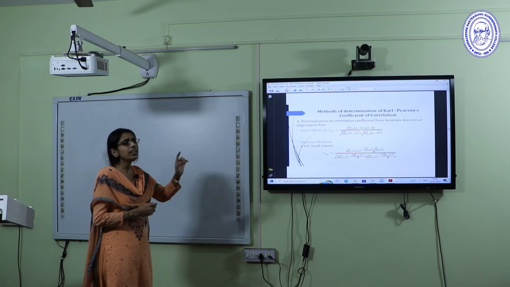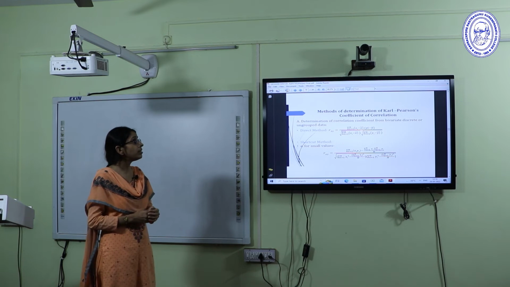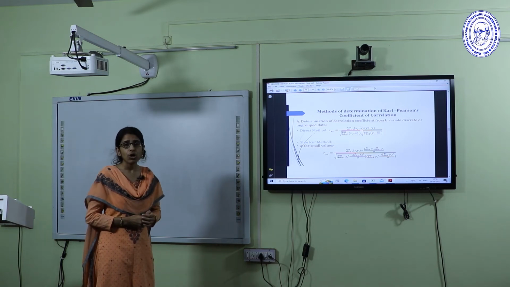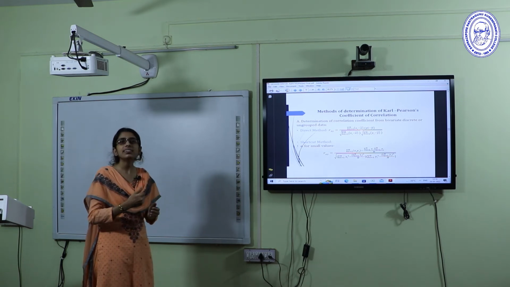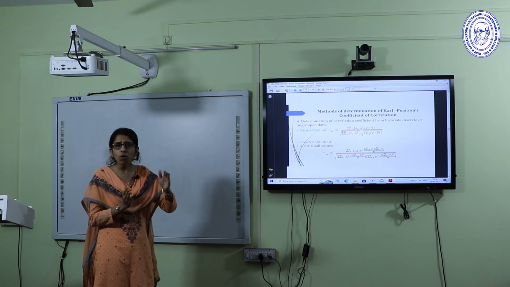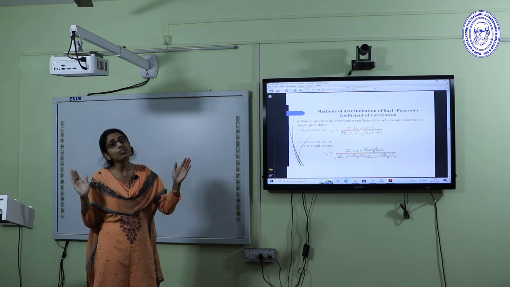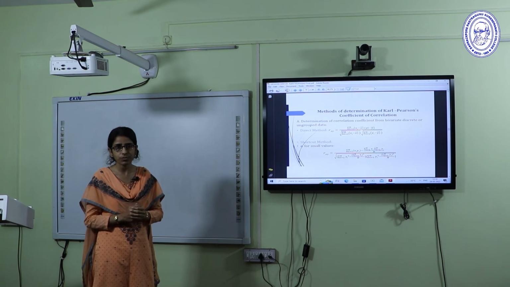This is a lengthy process, so a shortcut method is derived. When we consider any data set, sometimes we can see that there are small values or a small number of observations, and there are large values with a large number of observations.